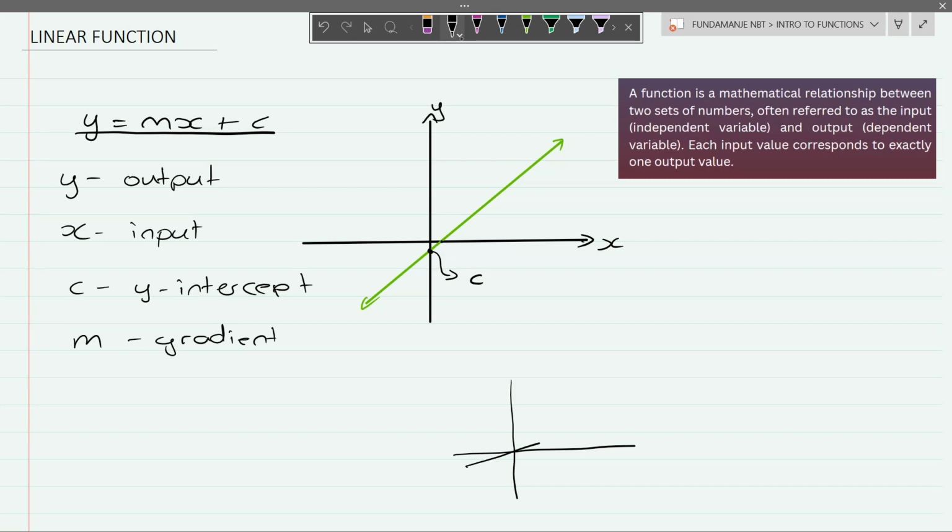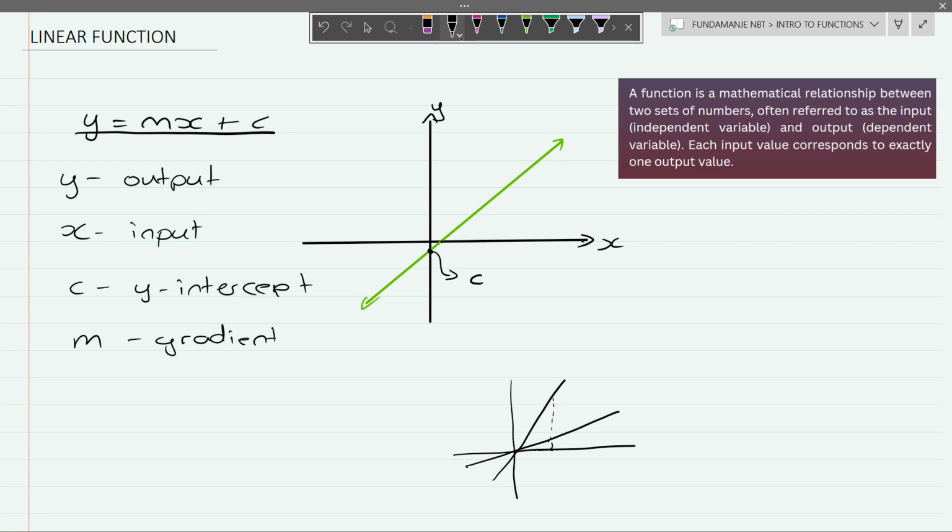So you would say this function grows slower compared to this one, because for every one x value we cover, maybe we cover half a y value for this one, but for every one x value we cover maybe 4 y values for this one.